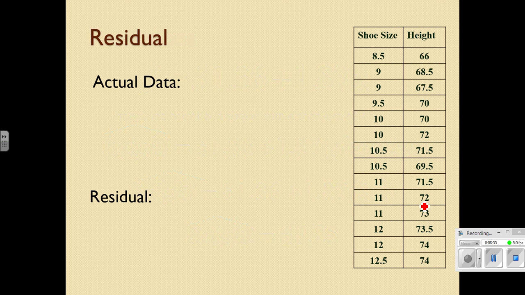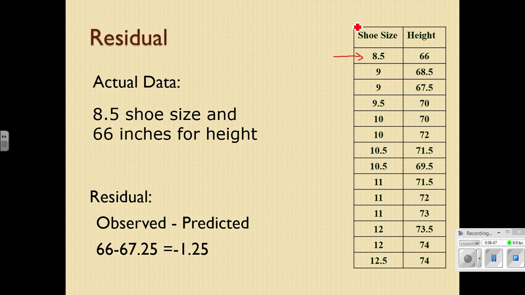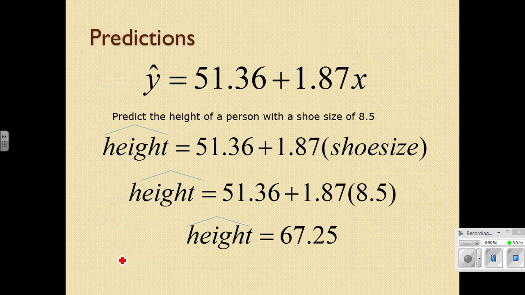Well, if we go back to our original data, we actually had data on somebody that had a shoe size of 8.5, and that person was 66 inches tall. Keep in mind that our predicted value was 67.25 that we just found, by plugging into the equation on the previous slide.